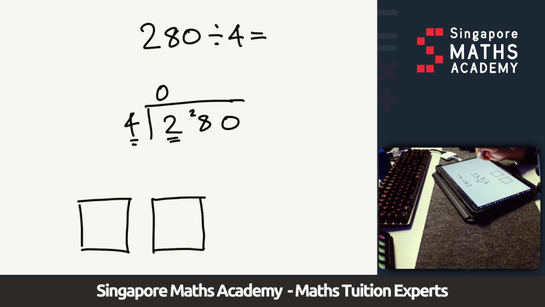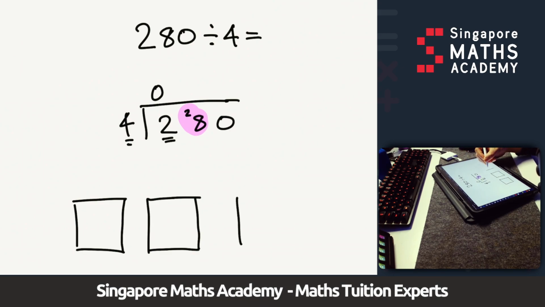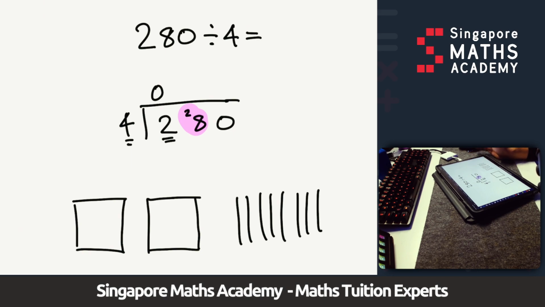Why is it 28 tens? 280 is 200, 8 tens, and no ones, right? I can see my 8 tens here, but these hundreds, I couldn't divide into 4 equal groups. So I then rearrange them into tens.